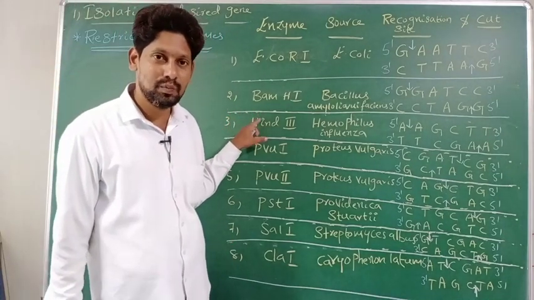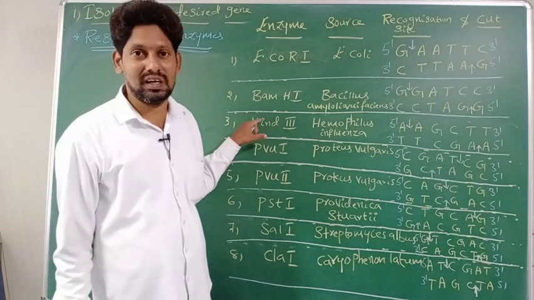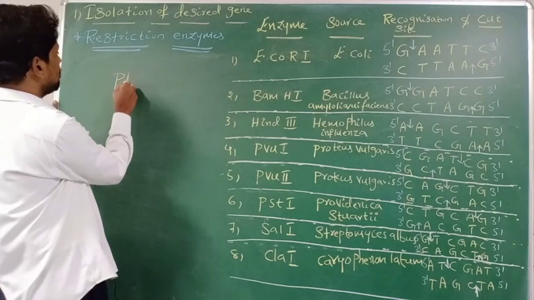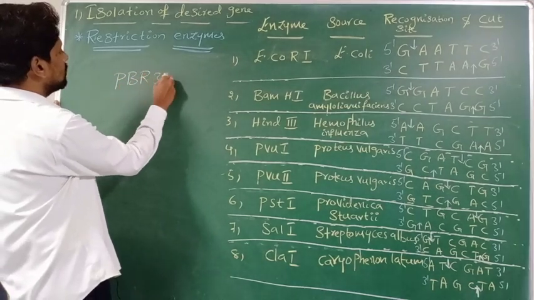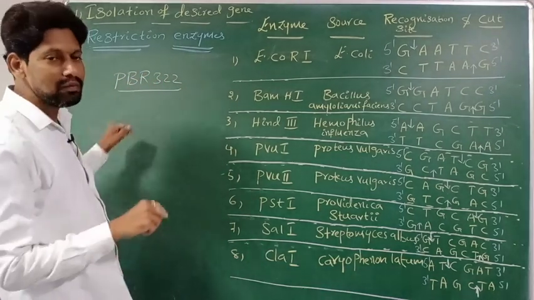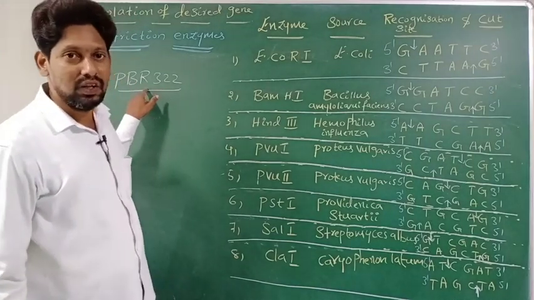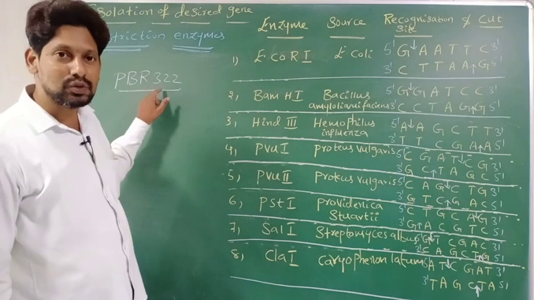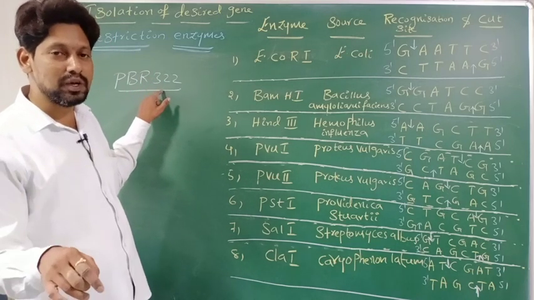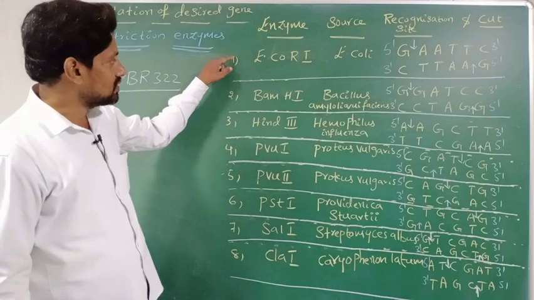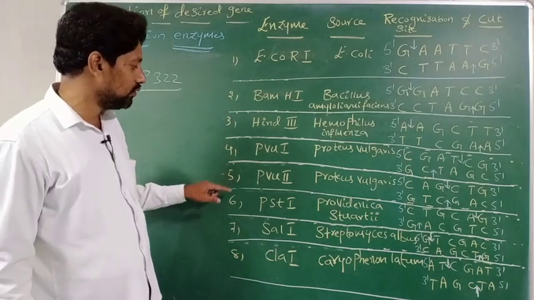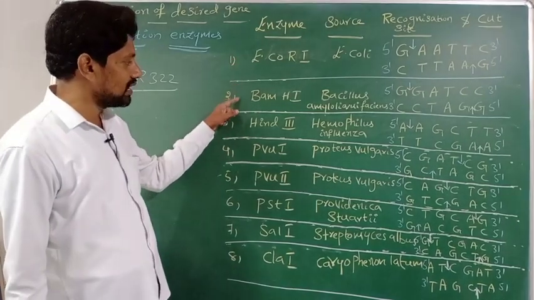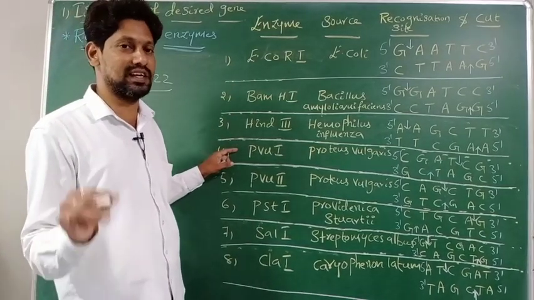Because in the coming topics, we are going to discuss one vector, pBR322. On this pBR322 vector, these 8 types of restriction endonucleases can act. That's why we are discussing these 8 enzymes here.